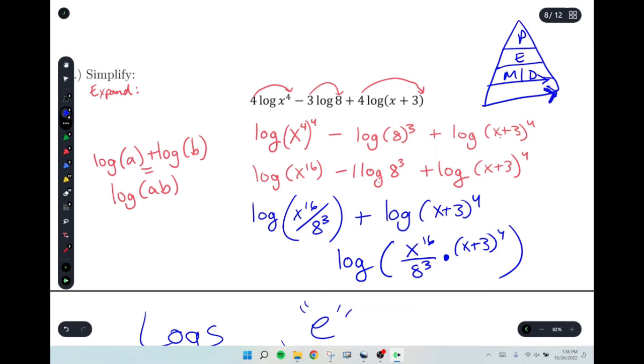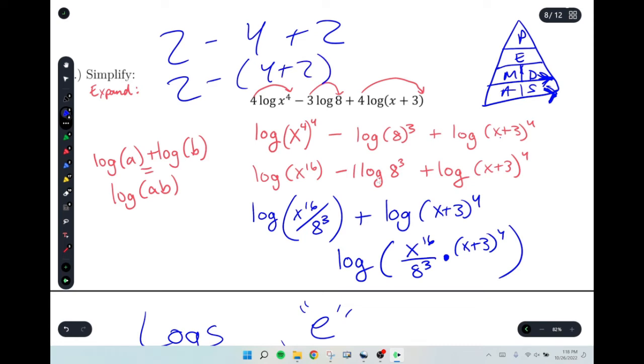And then this should be an arrow too. You have to go left to right. I'm going to start teaching PEMDAS, if I ever teach it, with an arrow now, because you can't go in whatever order you want, because that negative is not being applied. 2 minus 4 plus 2 is not the same thing as 2 minus 4 plus 2.